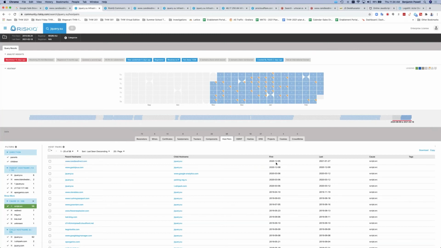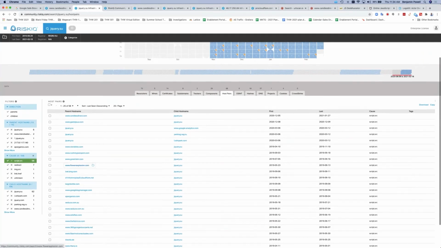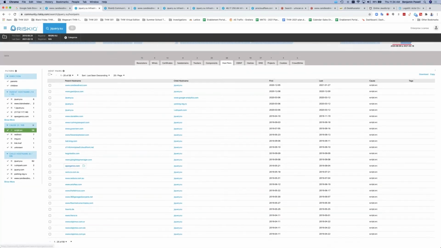I can see that from December 5th through January 27th, it was using a script from here. I don't know what was contained in the script, but I know that there was a script in there, okay?